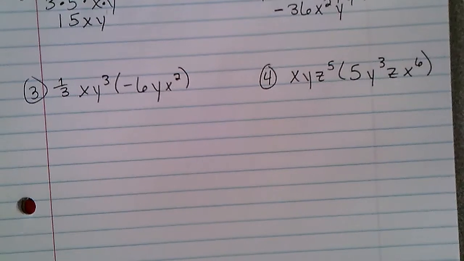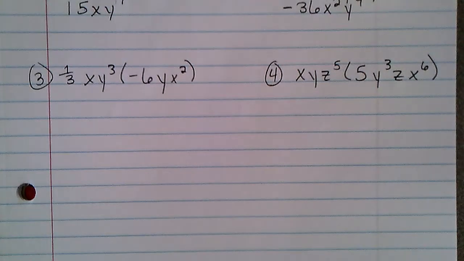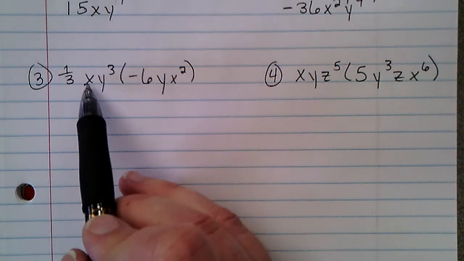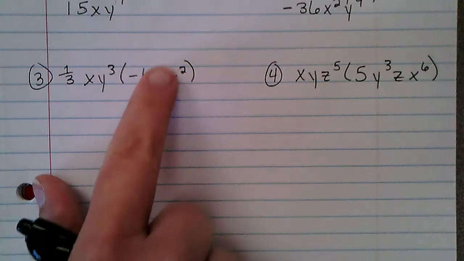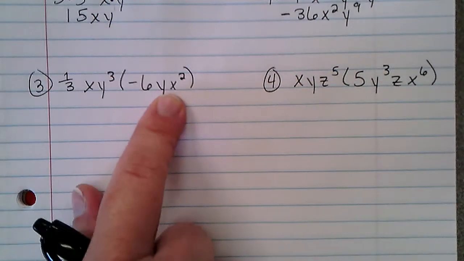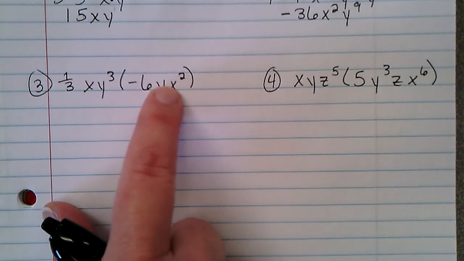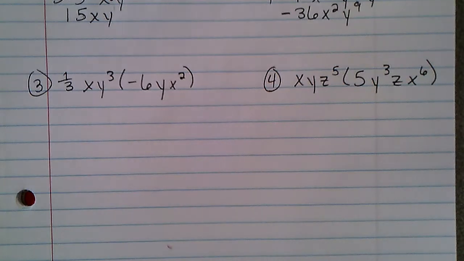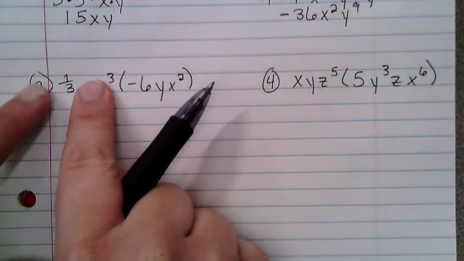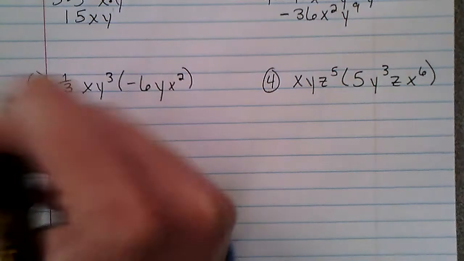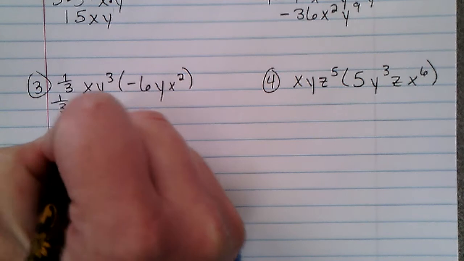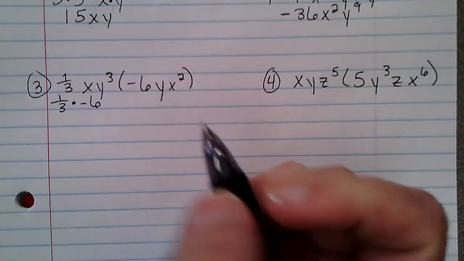Okay. For number 3, again, we've got different variables, but look at this one. This one has an x squared. It's just not written in alphabetical order. So what you could do is you could go ahead and flip this around, but knowing what we know now, we don't have to do that. Fractions, however, scare us more than they should, but I promise you, you guys can do fractions.